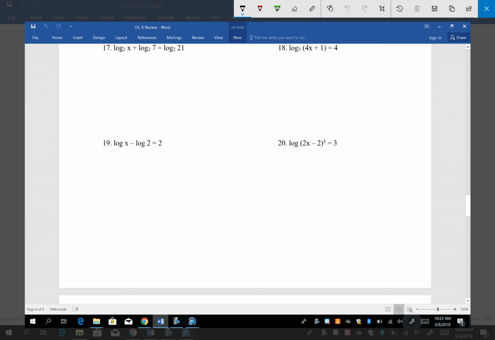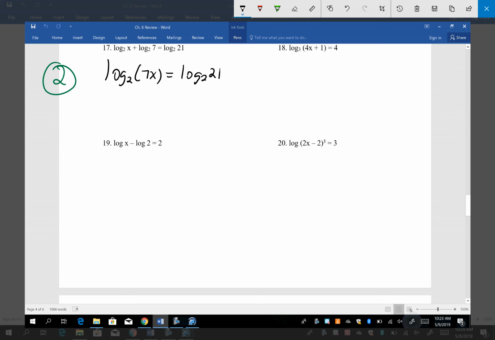No, because there's 2 on this side. But Diana sees that they have the same base. I see addition. So when I see addition, I think multiplication. So I can write the log base 2 of 7x. Now we have achieved goal number 2, because goal number 2 is one log on each side, or as Gilberto said, both sides.